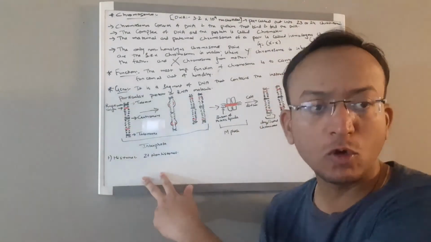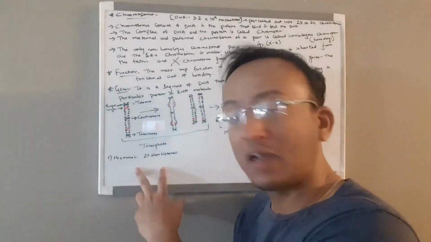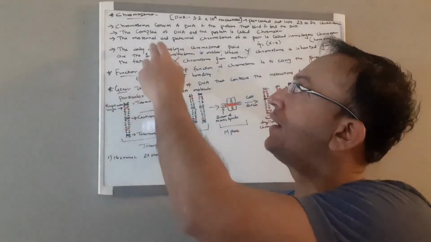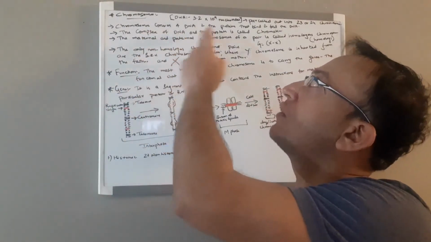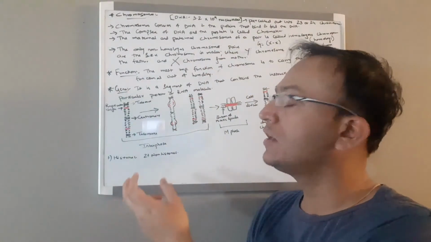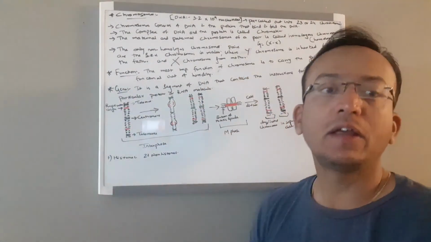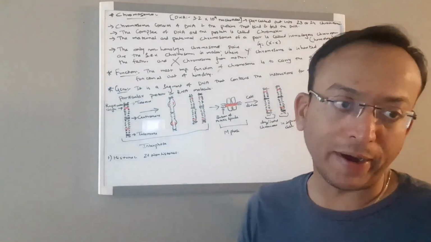All right, so these are the two classes of proteins, and the complex of both classes of protein with the nuclear DNA is called chromatin. That you see in here. The complex of DNA and protein is called chromatin, right?